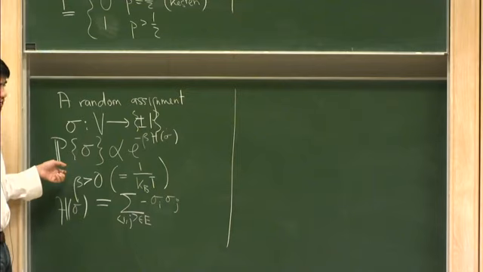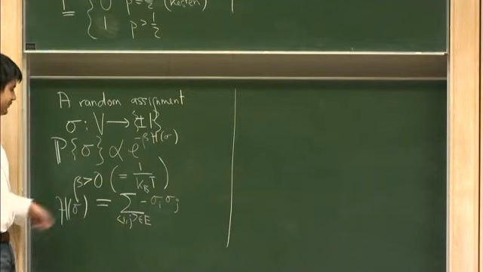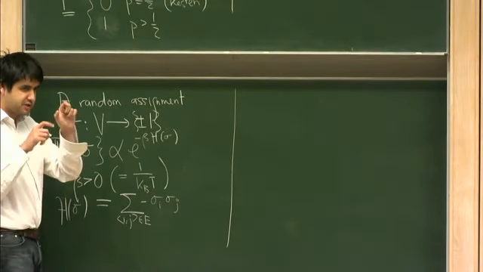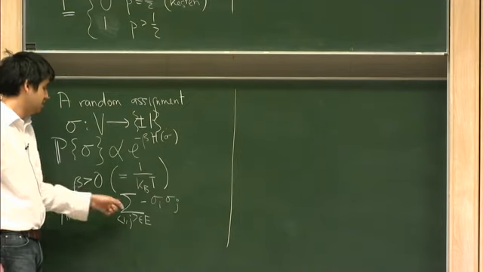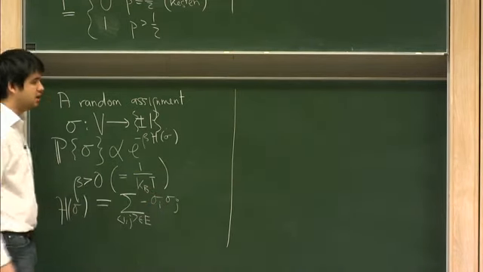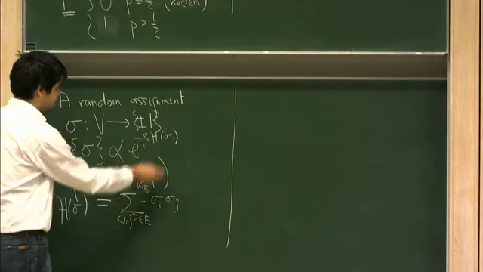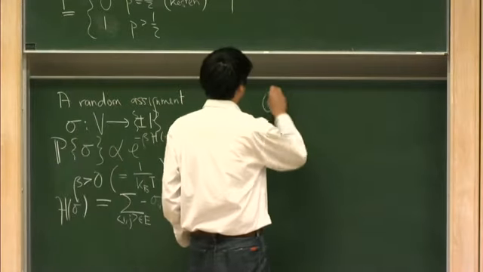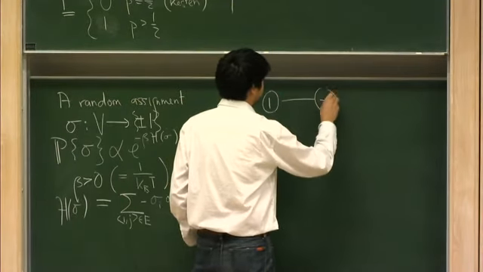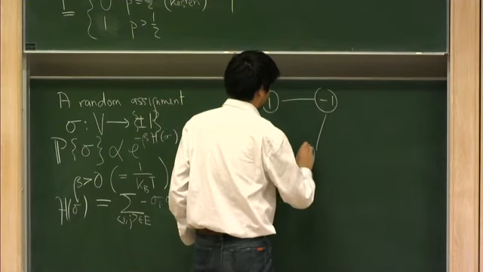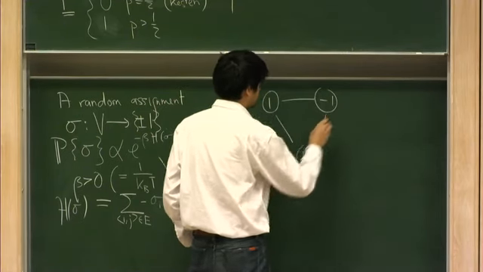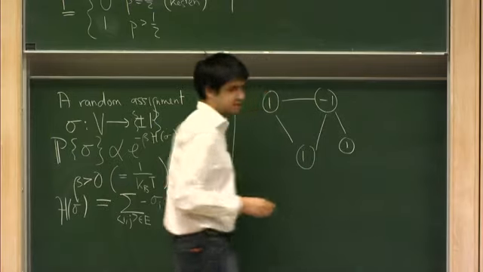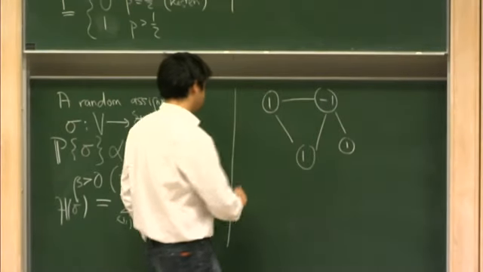Beta is a positive fixed parameter, and the energy of a configuration is defined by summing over all pairs of adjacent vertices minus the product of the values of the configuration at these vertices. Simple example, you have 1, -1, 1, 1, something like that.